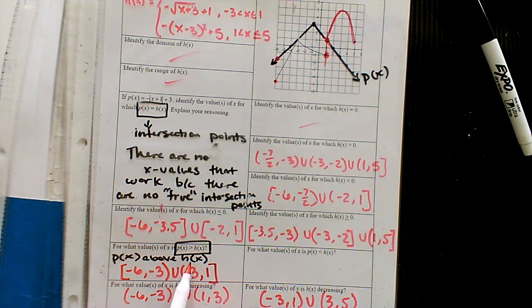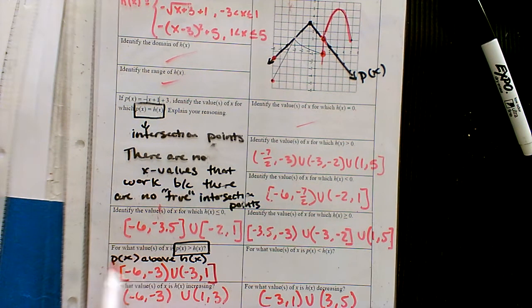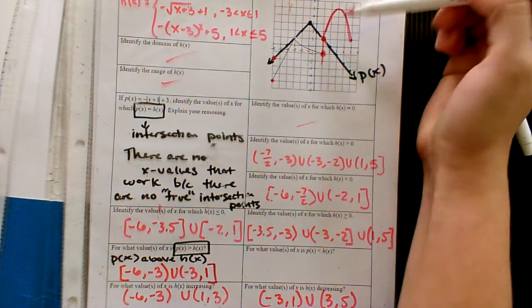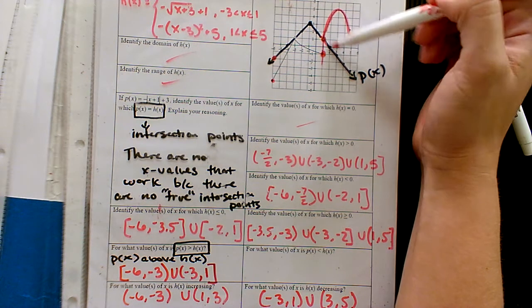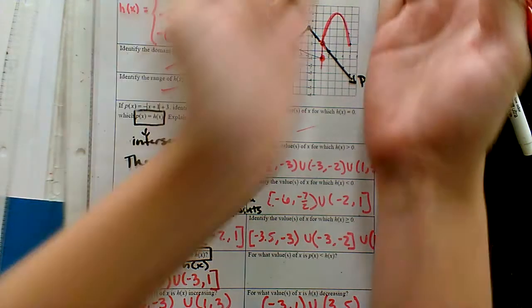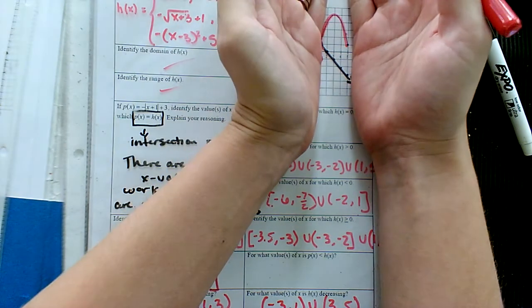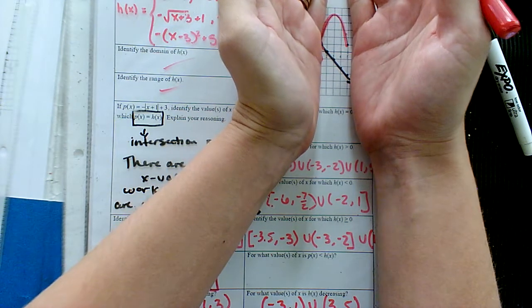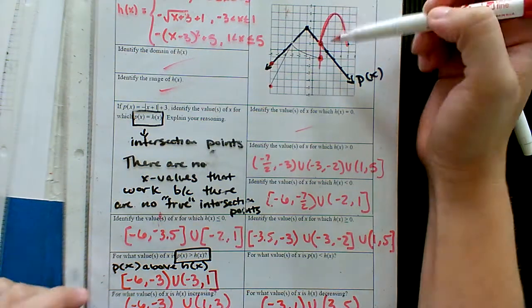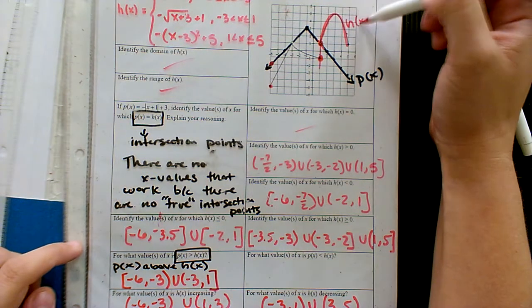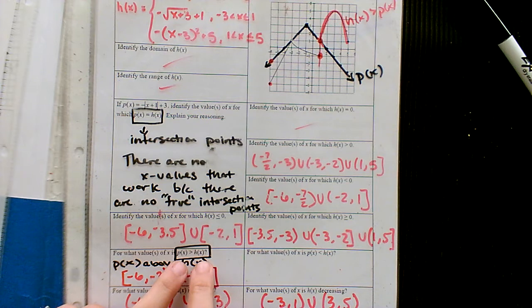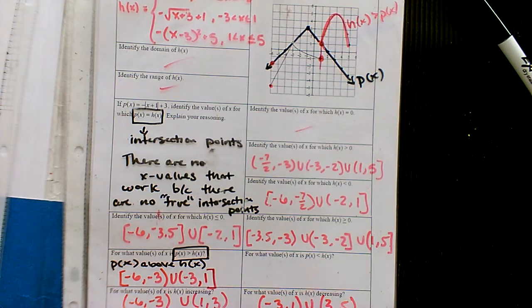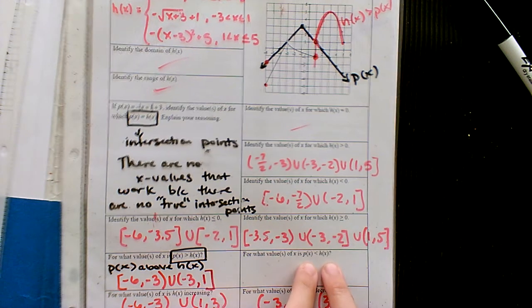So we want the absolute value to be higher than the other graph, and here it's the opposite. This parabola is higher than the graph. If you were only looking at this section, you see how the parabola is higher? So this one would be h of x is bigger than p of x. That's not what this was asking us, but that's kind of what the next one's asking.